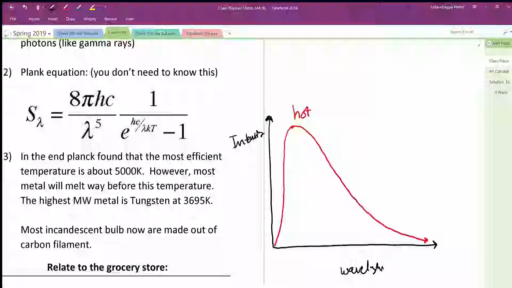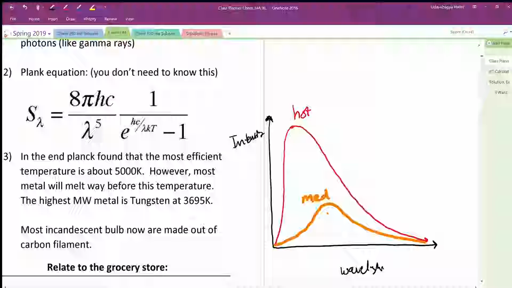If you have a hot object, it's going to radiate higher energy photons. If you think of the sun, it's about 10,000 Kelvin, and it emits the entire spectrum of light that you see. Whereas for things that are a bit colder, maybe I should use orange, a medium temperature object initially goes up, but the intensity is lower, since a colder object doesn't emit as strong a radiation.